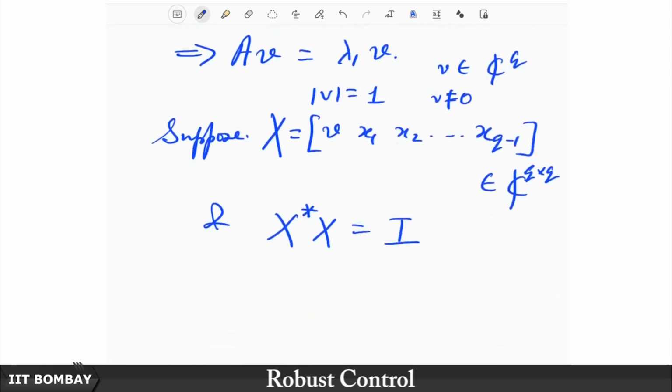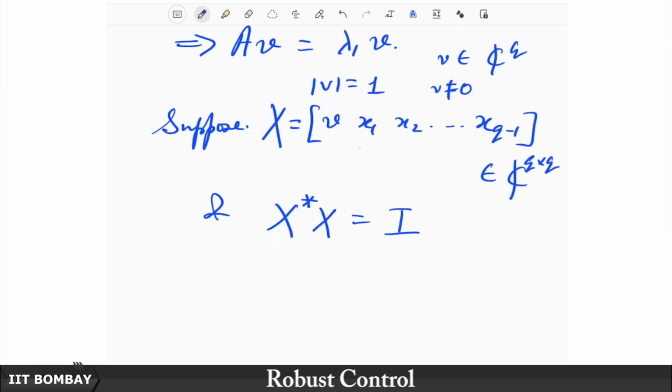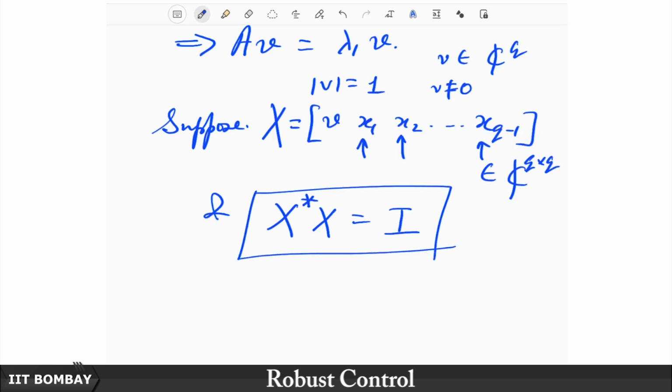At each step you keep adding one such vector. The first stage this came in, the second iteration this came in, at the q minus 1th iteration this came in until it formed a basis. Once it forms an orthonormal basis, then it is bound to be true that X will be a unitary matrix.